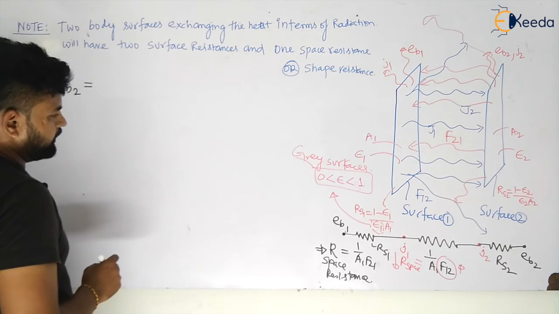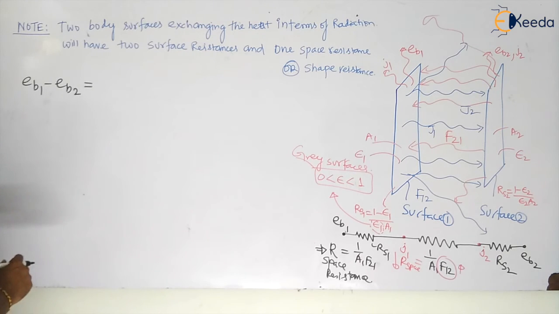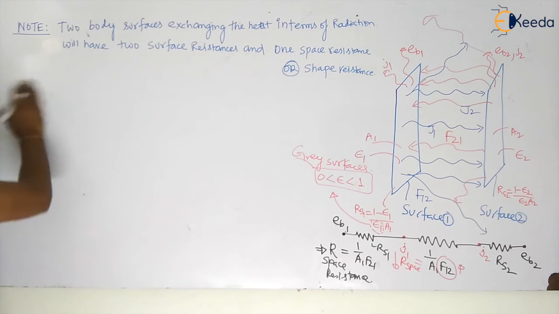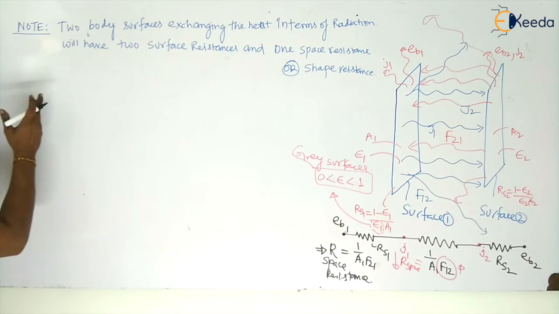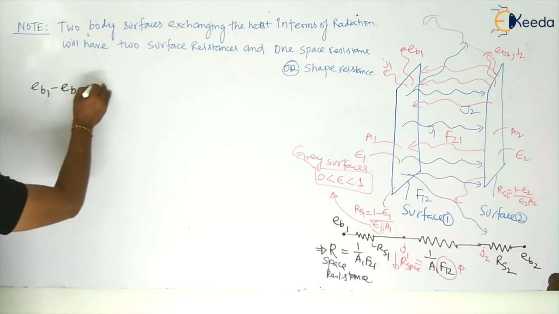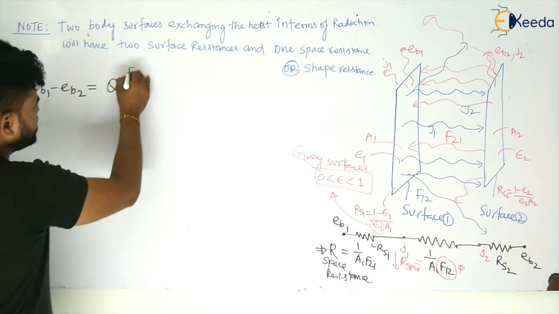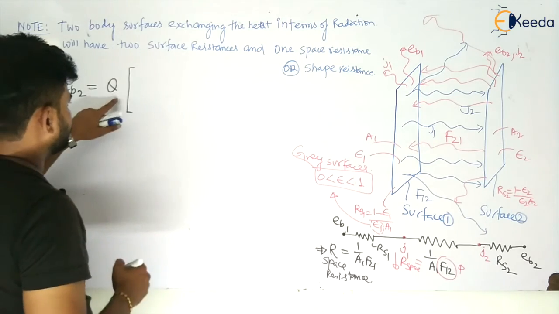So can I take directly? Yes, you can take directly. So EB1 minus EB2 is equal to Q, that is the net radiation heat exchange, into the effective resistance.